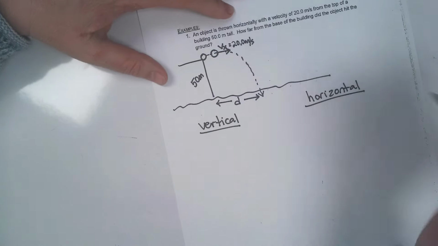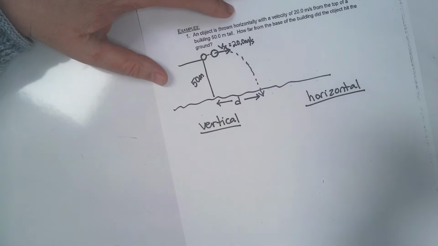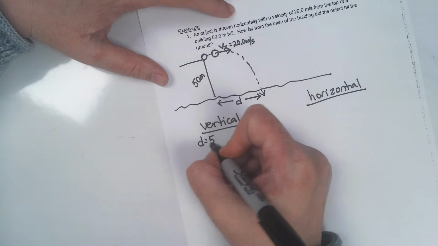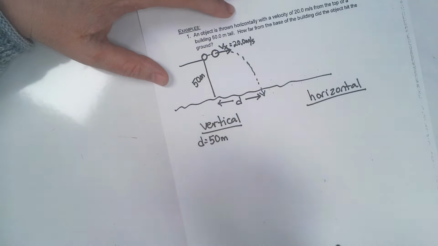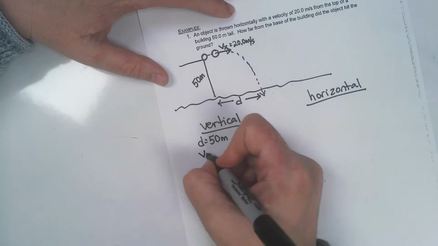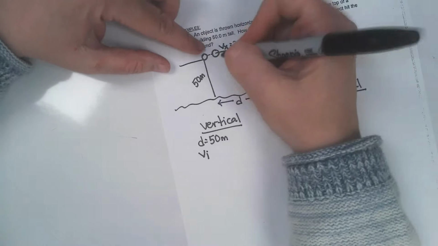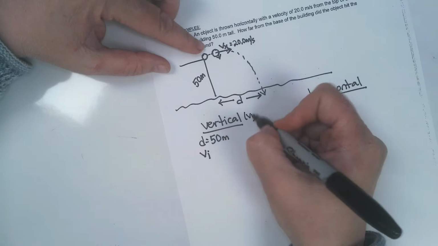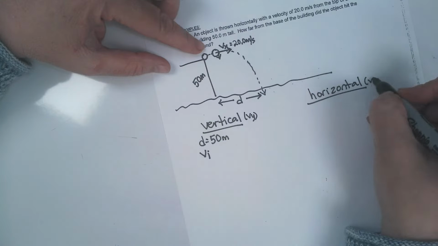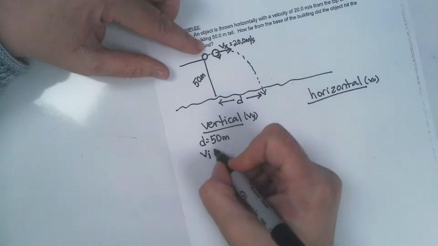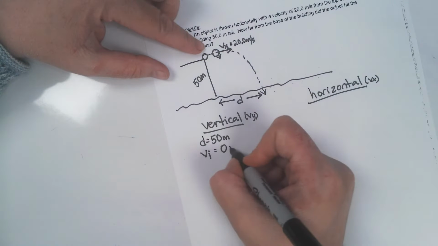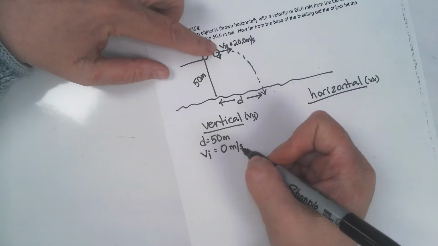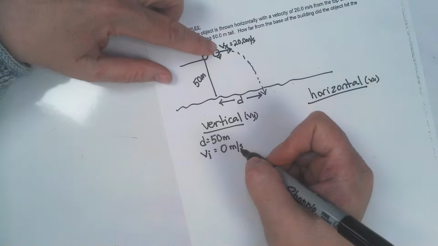Okay, so in the vertical, what do we know? We know that the height of the building is 50 meters. We know that in this direction, the Vy, this is Vy, this is Vx, the initial velocity is 0. Right here, right at initial launch, there is no velocity in the vertical direction.